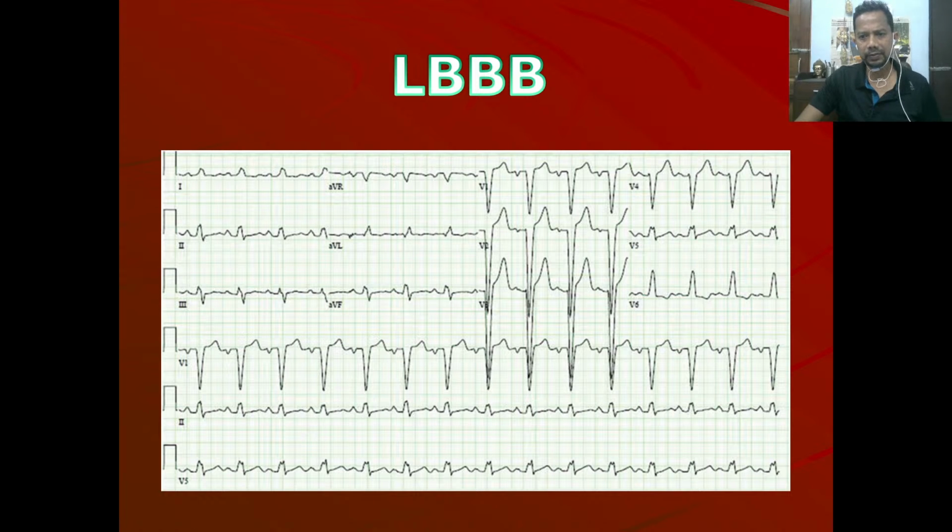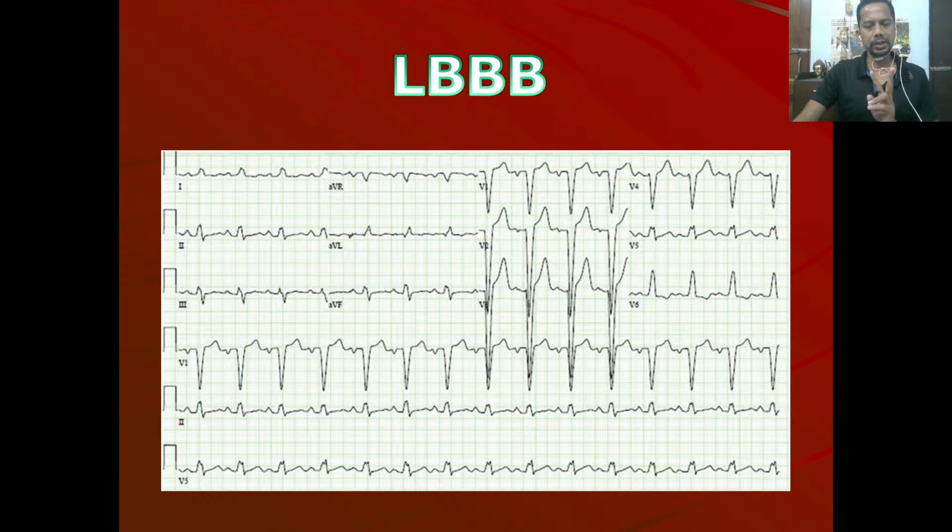Now what else are you seeing in this? You look at the R wave progression in V1 to V6. There is a Q wave, maybe there is an R wave. This is also small or almost as good as a Q wave, and here also there is a very small R. Okay, this can be because of the LBBB effect, or this patient could be having an old anteroseptal ischemia or MI.